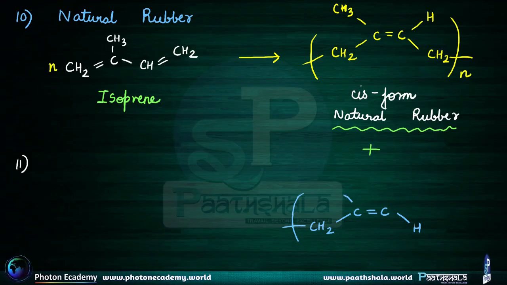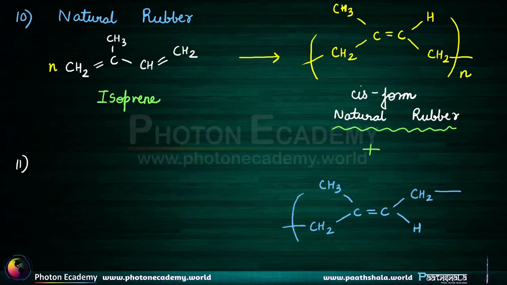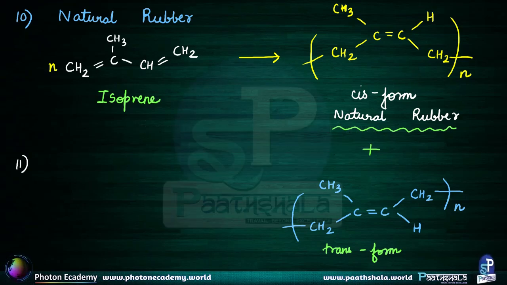So we have got CH3 over here, then we have CH2, and we have n units of this. Now this is known as the trans form of polyisoprene, which we previously discussed was called gutta-percha. Okay, so we are done with 11.